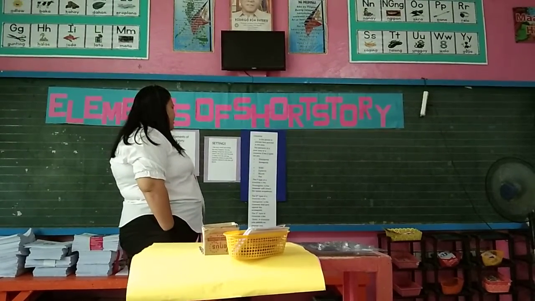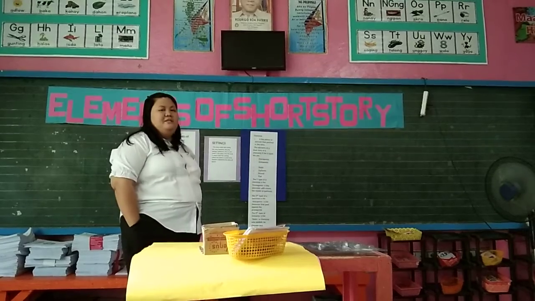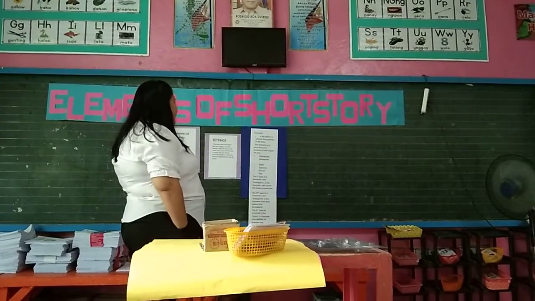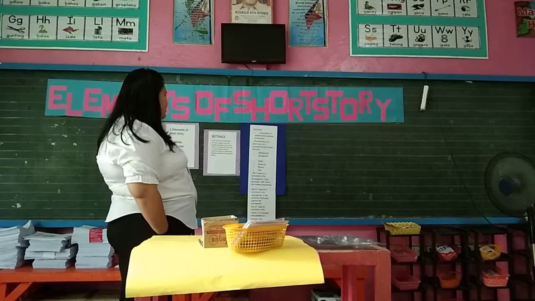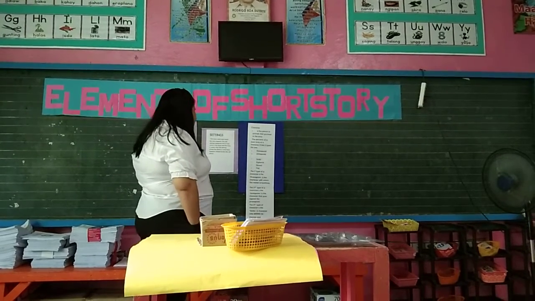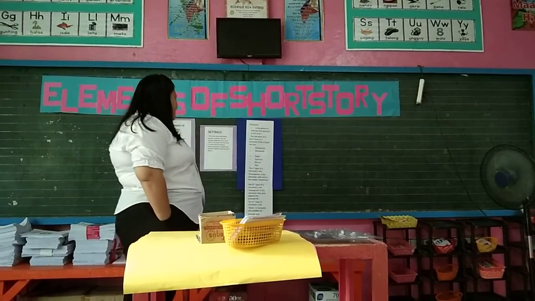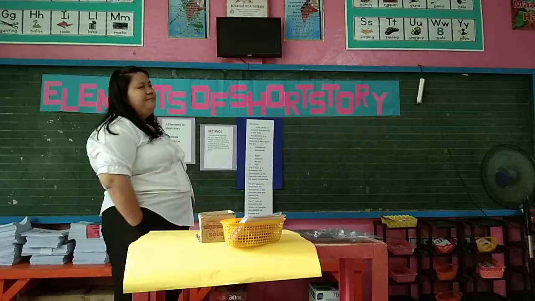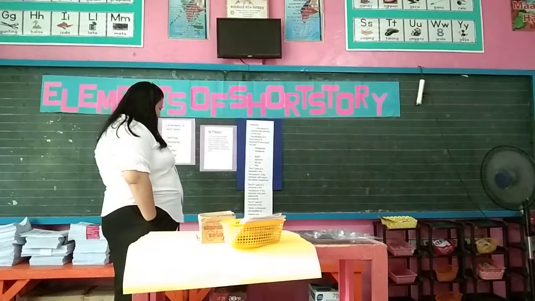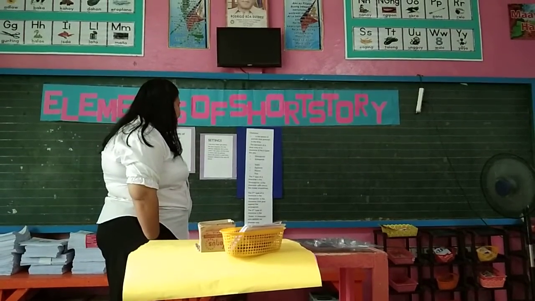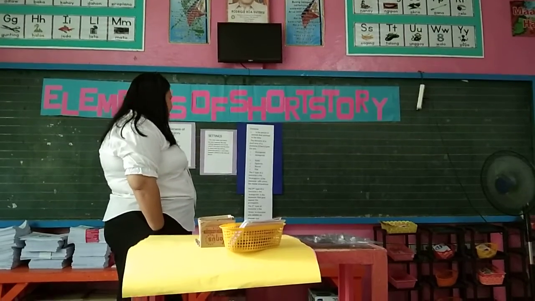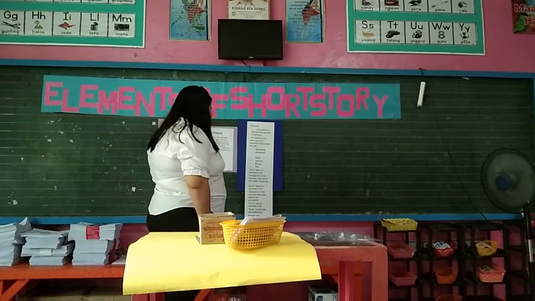It is the character that goes against the protagonist. The third type of character is the static, a character who exhibits no change and development. The fourth type of character, dynamic. A dynamic character exhibits noticeable development.